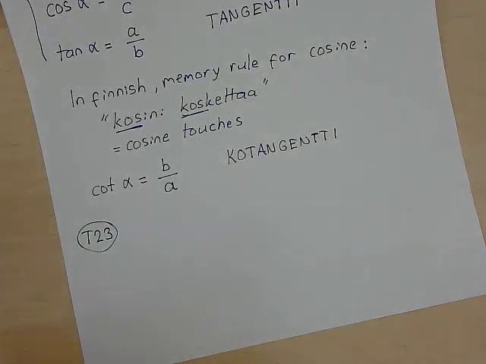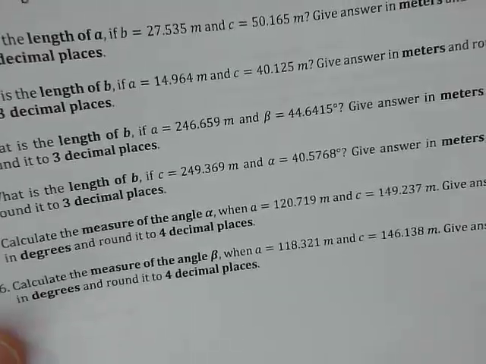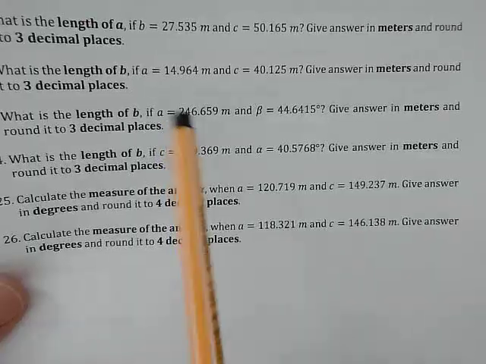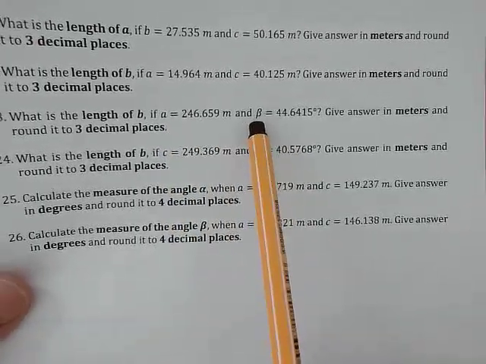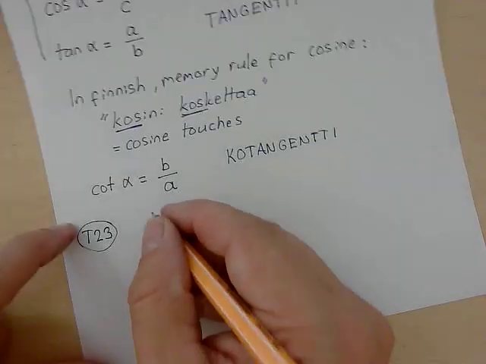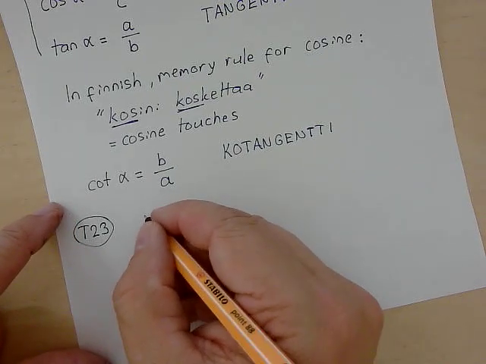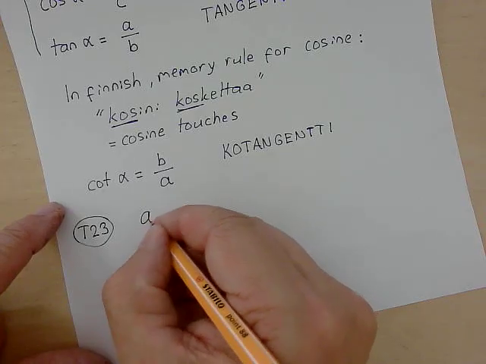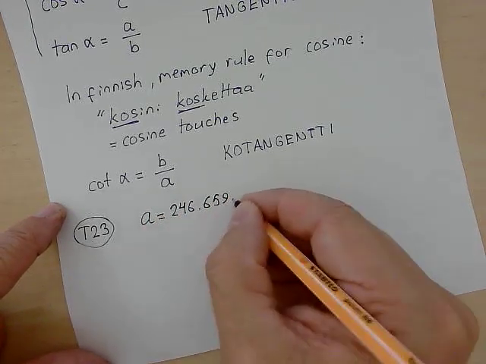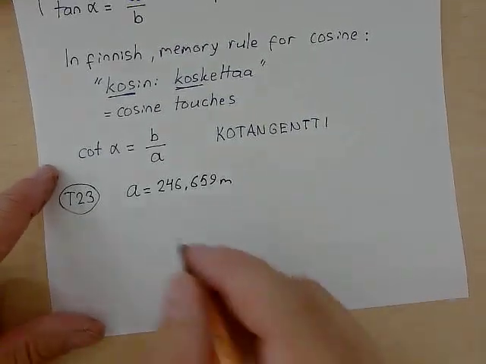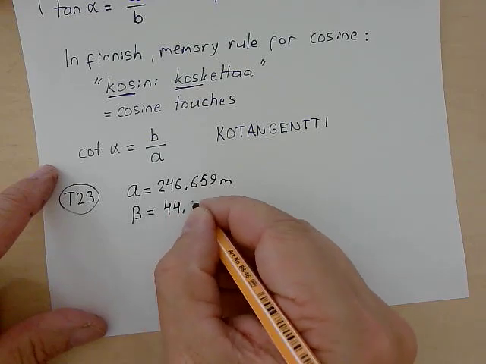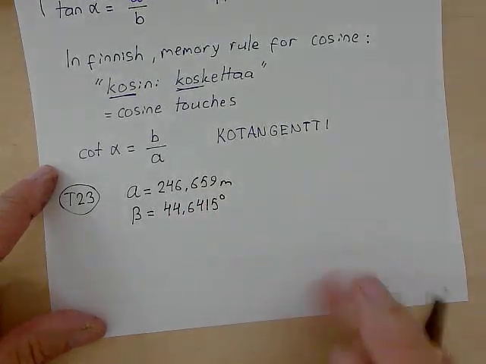It was said, or we knew in that problem, that A equals this kind of measure and beta equals this kind of number, and we have to calculate the length of B. So we knew A equals this measure and beta is this kind of accuracy.